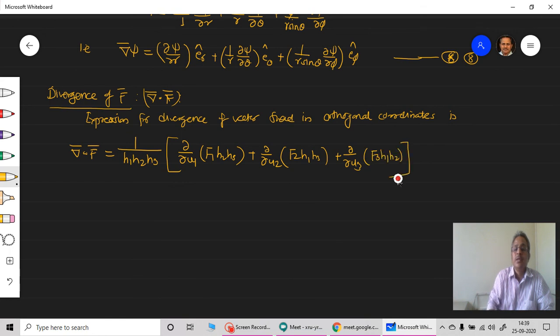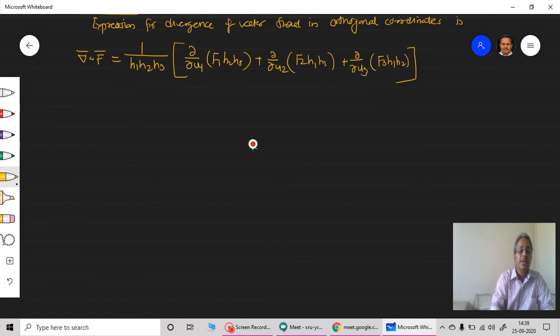So this is my standard formula for divergence of a vector field in the orthogonal curvilinear coordinate system.